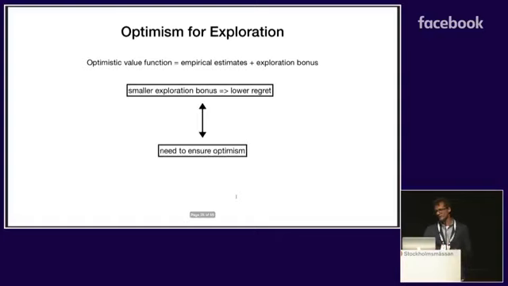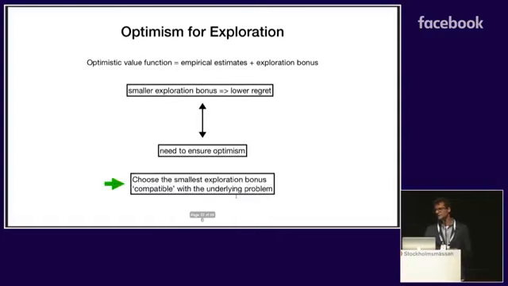For example, if you have a deterministic MDP, really there's no need for much exploration. You can just test every state and action once, and then you know how the model works. Of course, the situation is more tricky if you do not know the MDP is deterministic. So you need to construct some exploration bonus which, in a certain sense, is as tight as possible, and it barely compensates the statistical error that may arise due to randomness.